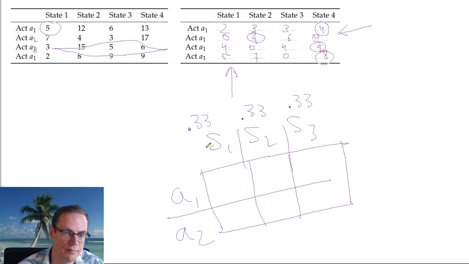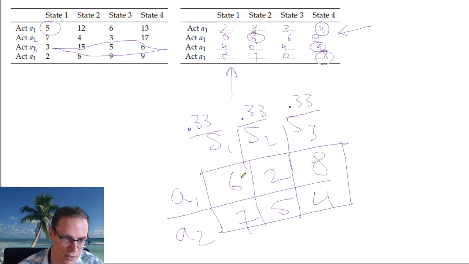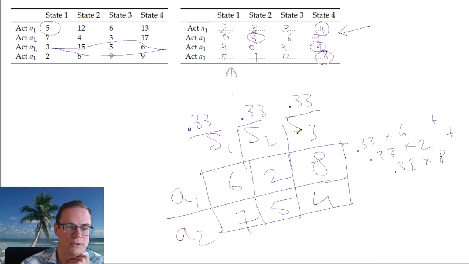And of course, if the principle of insufficient reason tells you can conclude that, then you can just start behaving in a way that maximizes expected utility. So if these are the utilities and these are the likelihoods, then you could simply do 1/3 times 6 plus 1/3 times 2 plus 1/3 times 8, and that would give you the expected utility of action A1.